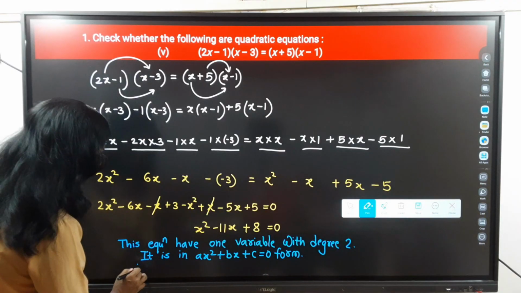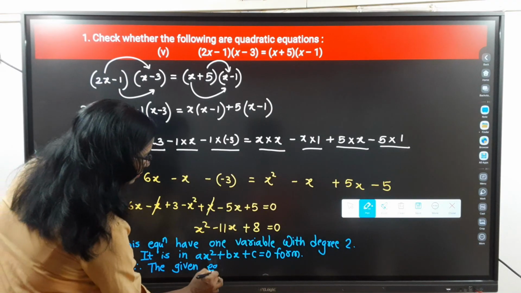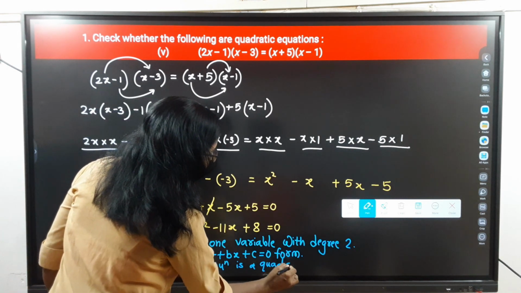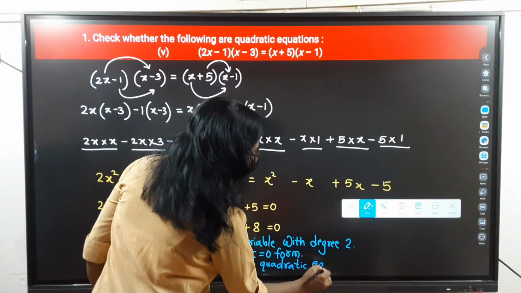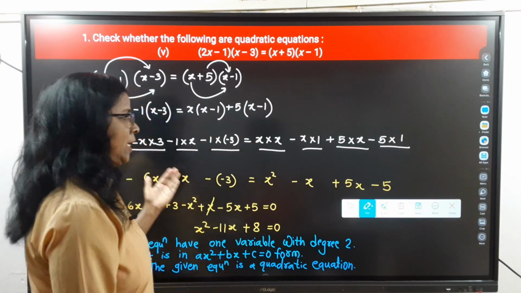And finally we say therefore the given equation is a quadratic equation. The given equation is a quadratic equation.